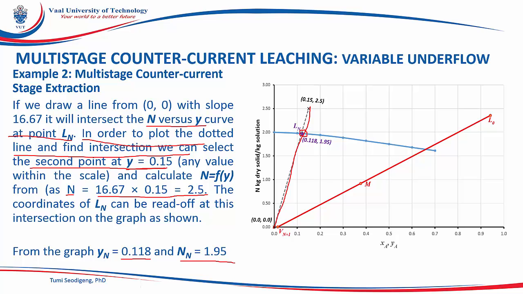This is made difficult by the fact that we are given the actual mass flow of the solute in the underflow stream. Had we been given the concentration, it would have made the calculations much easier, because with the concentration or the mass fraction y, you can just look at the equilibrium data and find what the value of n is, which will basically get you to this point where you have yn and nn.